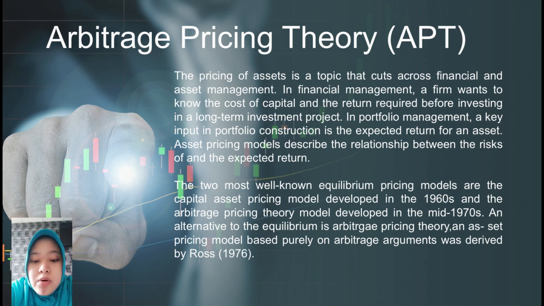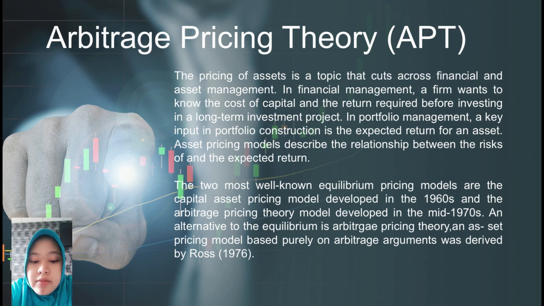The two most well-known equilibrium pricing models are the capital asset pricing model, developed in the 1960s, and the arbitrage pricing theory model, developed in the mid-1970s.